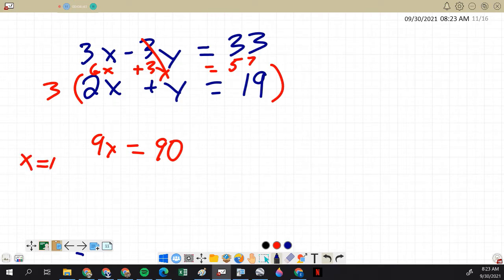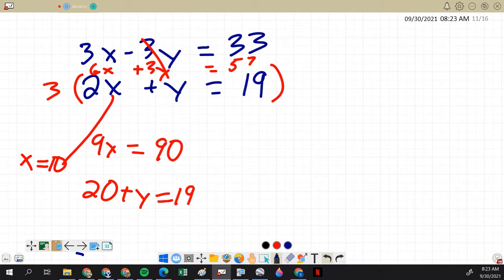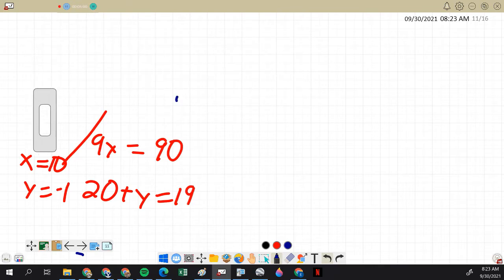So x is 10. Then I plug that 10 into one of the equations. 20 plus y equals 19. Subtract 20, and I get y equals -1. Any questions there? All right.